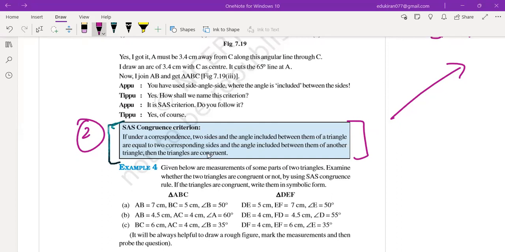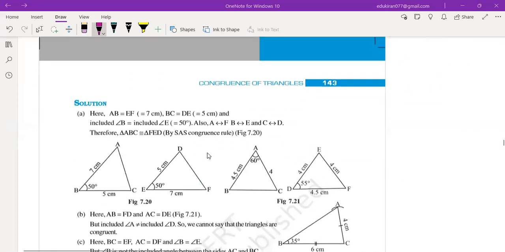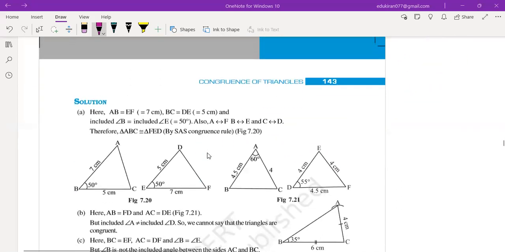Yes, ma'am. Okay. For the first one, let's just do the criteria. So for the first one, what do you got? First one is application.